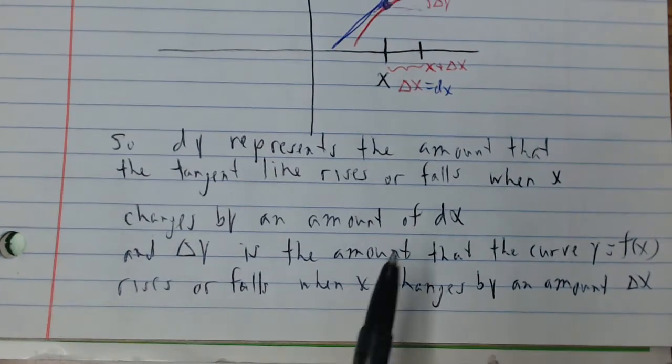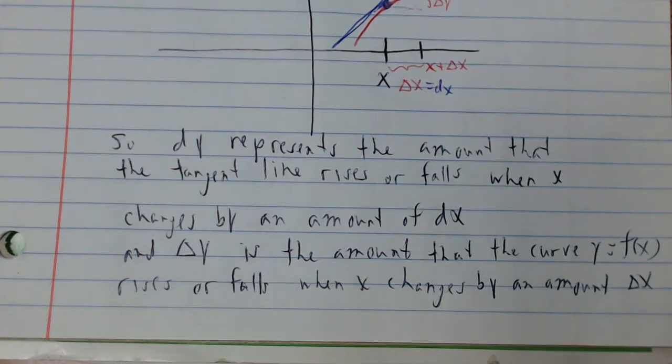But in this case, remember, delta x and dx are the same thing. It's just the delta y and the dy that are going to be different.